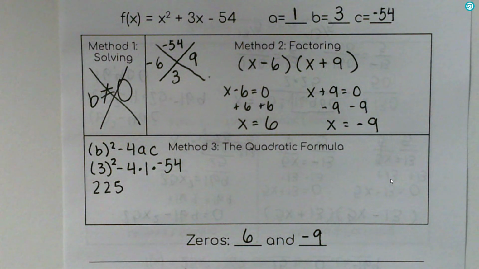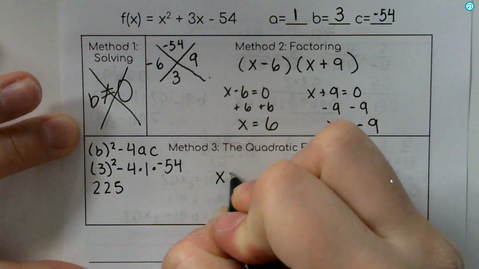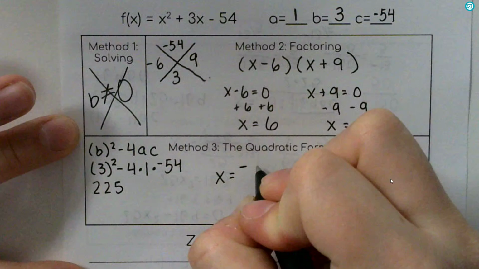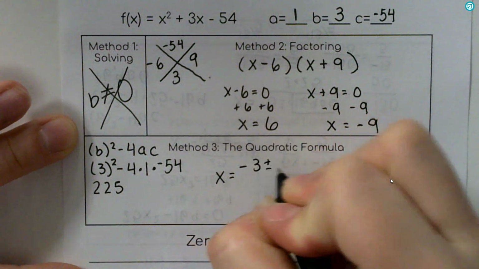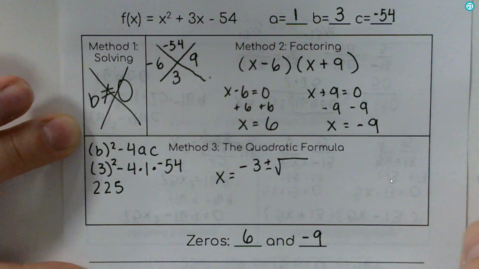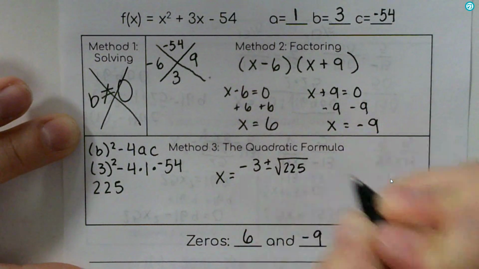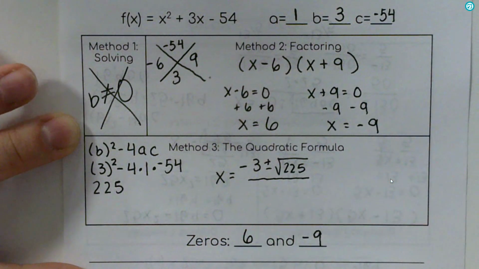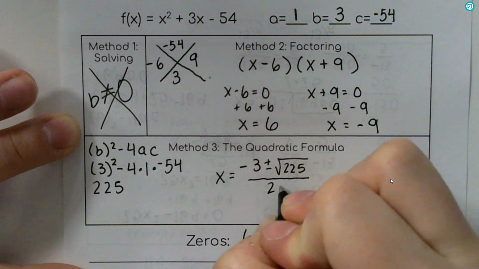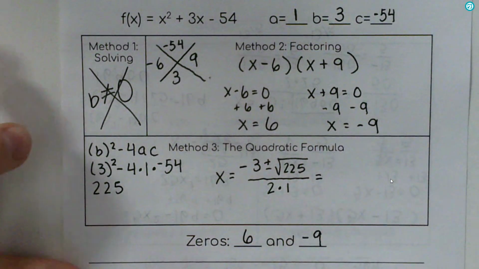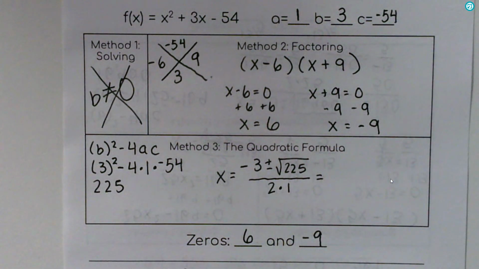Right, so we can now plug in the rest of that into our equation. We've got x equals negative b, so that's going to be negative 3, plus or minus the square root of 225 all over 2a, so that's going to be 2 times 1. The square root of 225 is 15.